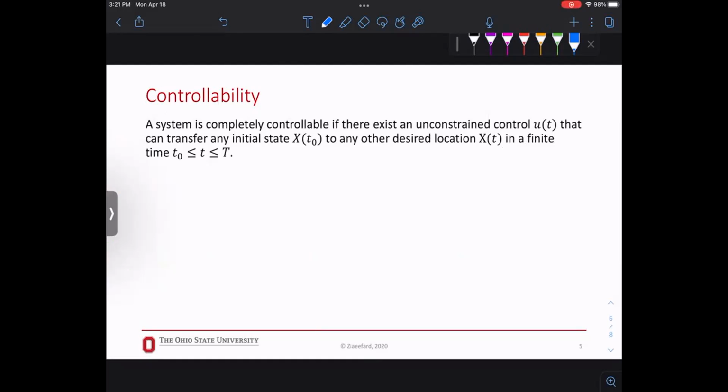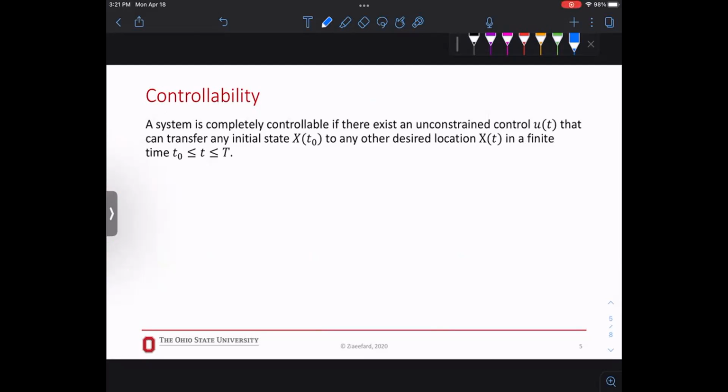You might ask, is there a possibility that's not the case? Yes. In some cases, you won't be able to predict what your state is going to be after a specific time. You want to check what the requirements are. So make sure a system is controllable, then control it.